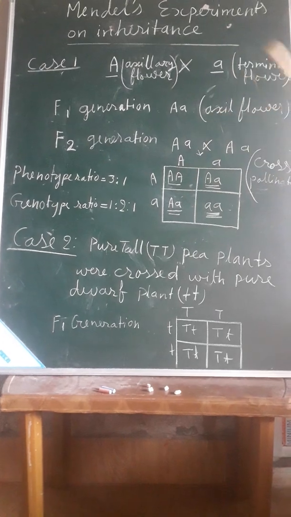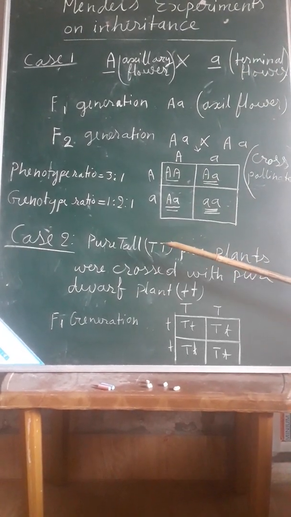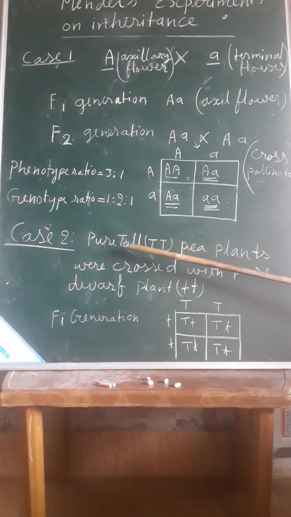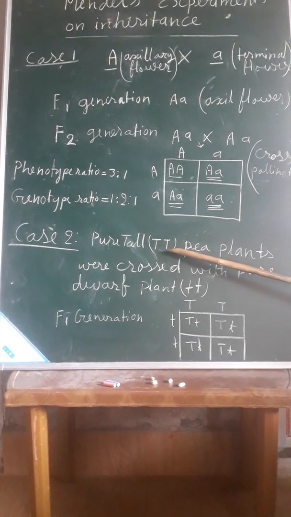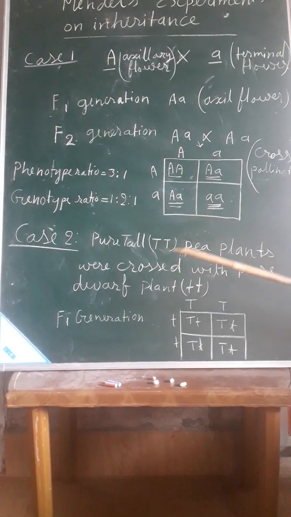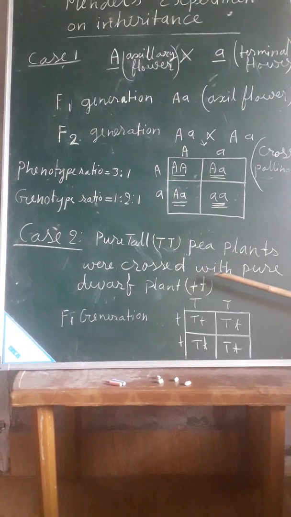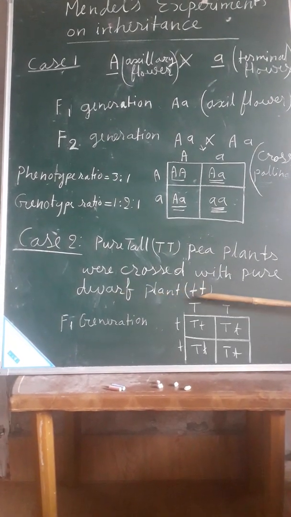Case 2, one more example we take here: he took the pure tall TT pea plants crossed with pure dwarf plant tt.